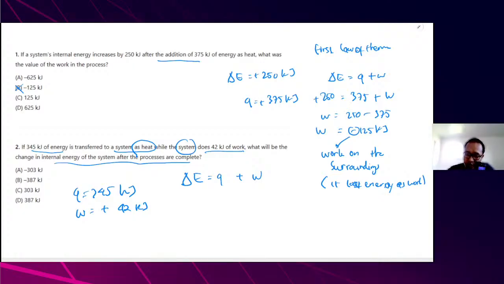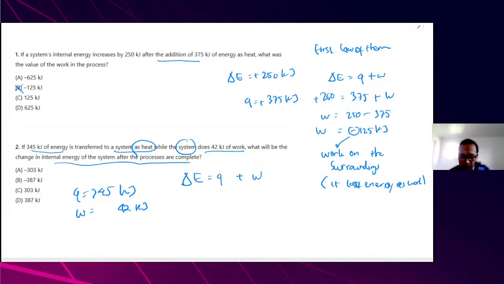Let me clarify again. Heat is transferred while the system does 42 kilojoule of work.